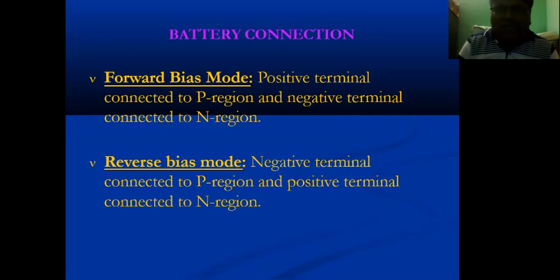That is the first step. Second step, the negative terminal of the battery is connected to the N region, the n-type semiconductor. That is called forward biasing. Biasing means power supply. If you apply the power supply, if you apply the power connection, that is called biasing. If you do not connect the power supply, that is called unbiased.